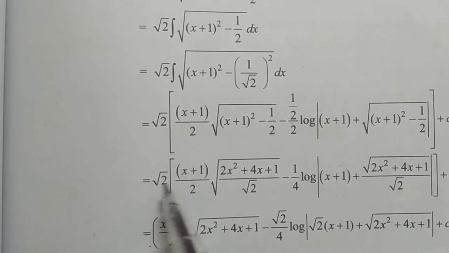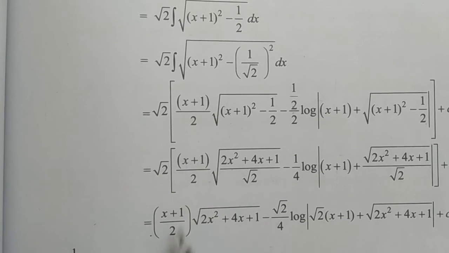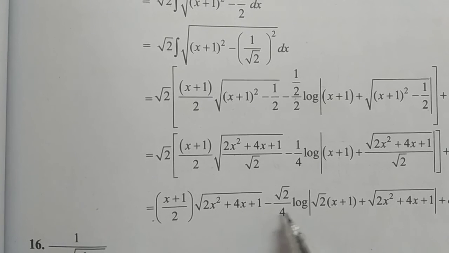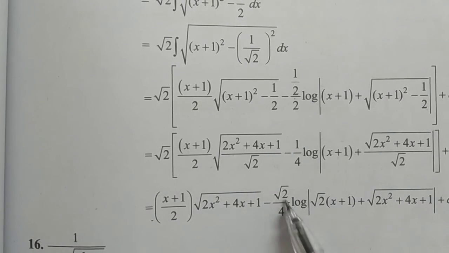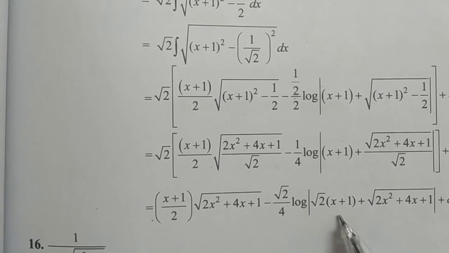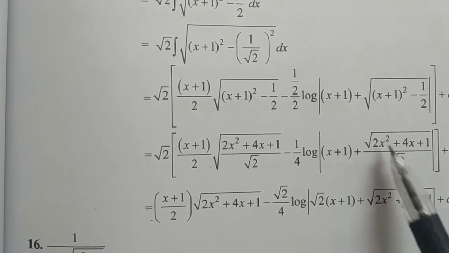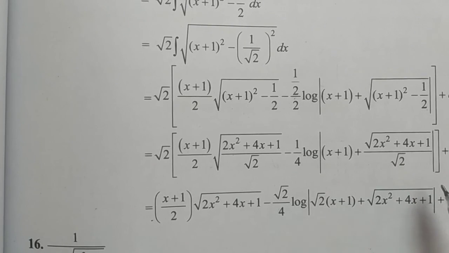So multiply by this root 2, and root 2 cancel, remaining x plus 1 by 2 square root of 2x square plus 4x plus 1 minus root 2 by 4 log. Here find out the LCM: root 2x plus 1 plus square root of 2x square plus 4x plus 1, plus c.